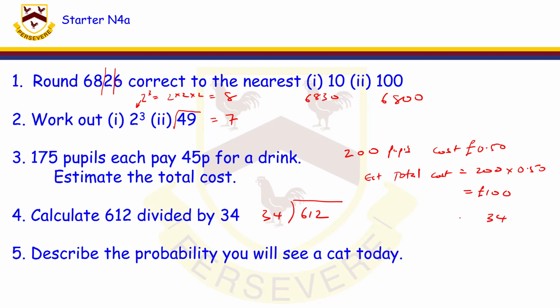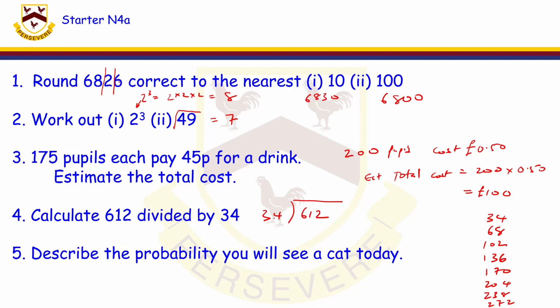If we add 34, I get 68. Add 34, 102. Keep going, adding 34, 136. Add 34, so we go 170, 204, 238. And I'm running out of space, so I'm going to stop at 272.